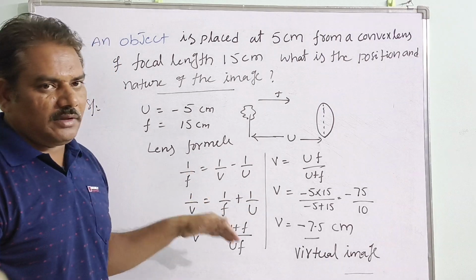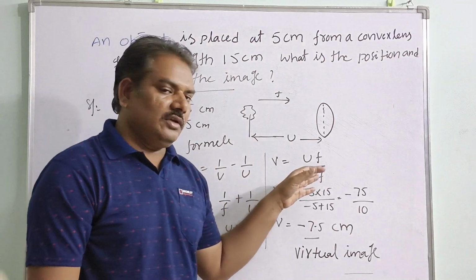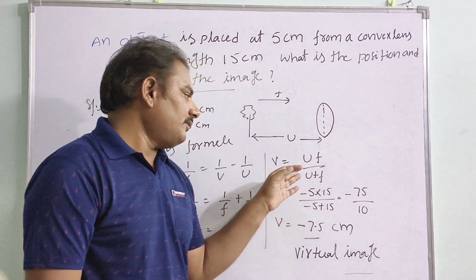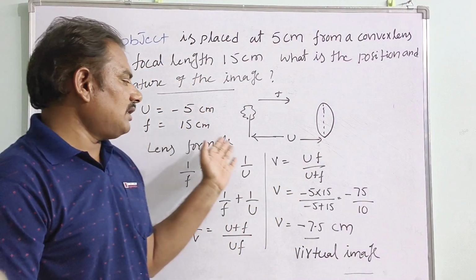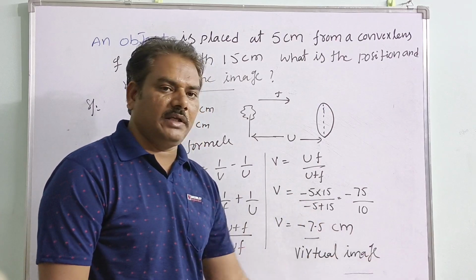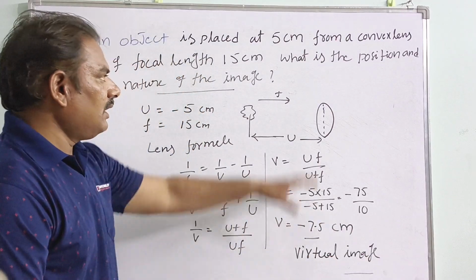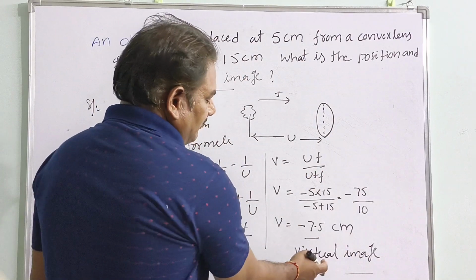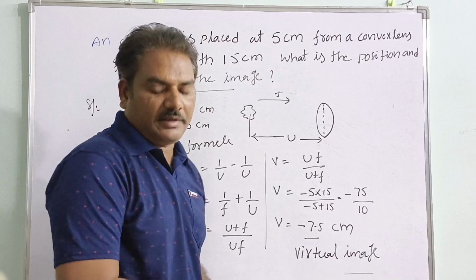By using this formula, we get v is equal to uf by u plus f. All the values are substituted, then we get the v value equal to minus 7.5 centimeters and the nature of the image is virtual.